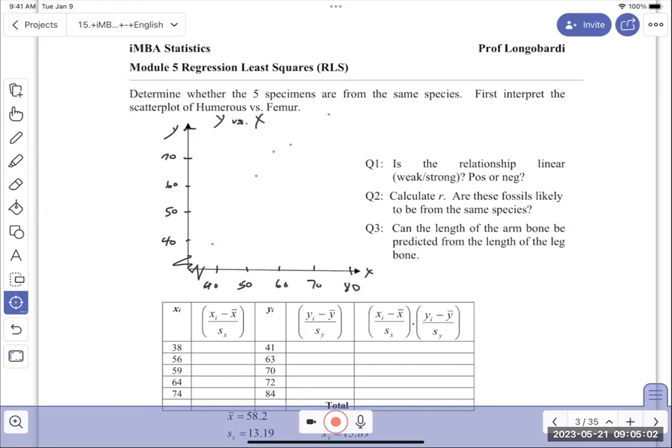Any questions so far though? You guys good? We're going to put this data into Excel. How many of you know how to do that? And get it to generate the trend.